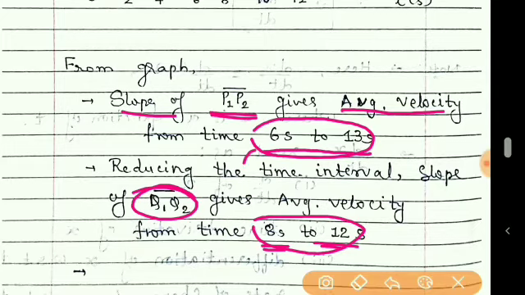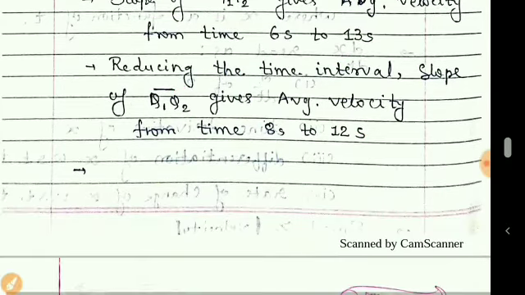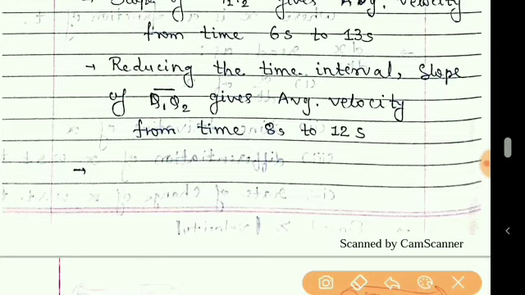So when the difference is reduced, what happens? The velocity which is obtained will be near to the instantaneous. But still, if we go on reducing the time interval again and again, and if the time interval is very small, then at that time the velocity which is obtained will be very close to the instantaneous velocity.